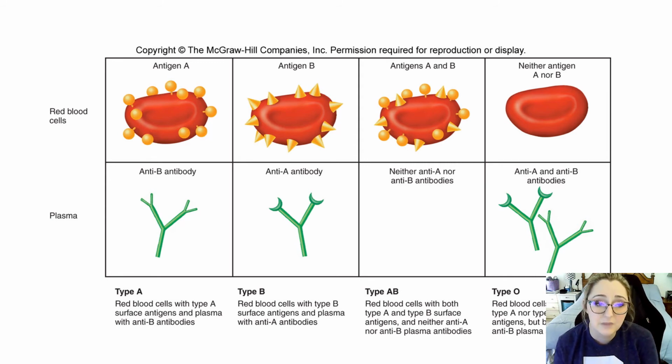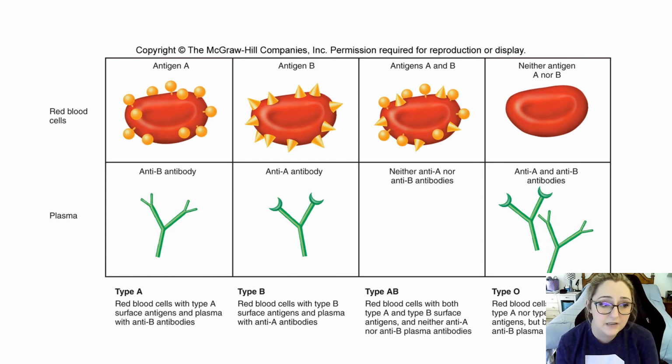It lets your body know that it's supposed to be there, that it's yours. So I kind of like to think of these as sort of like little puzzle pieces. With antigen A in type A red blood cells, you have this particular shape of these antigens that are studded along the cells. Floating around, not attached to anything, is going to be anti-B antibodies.